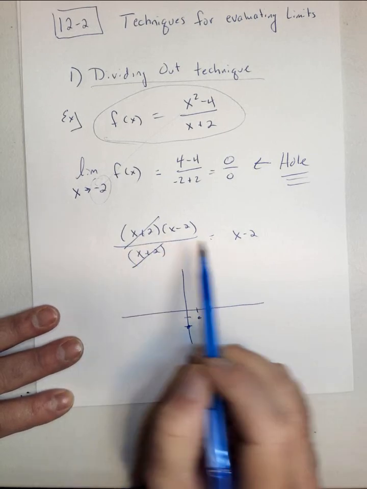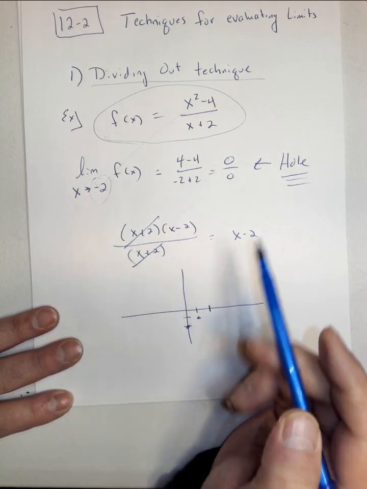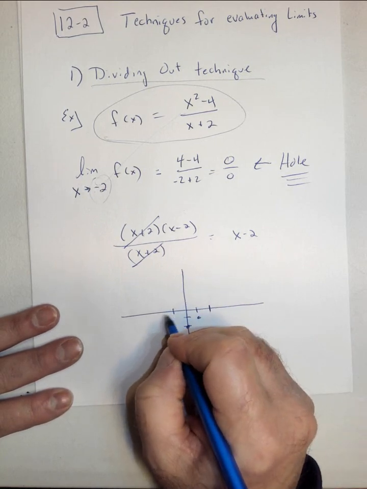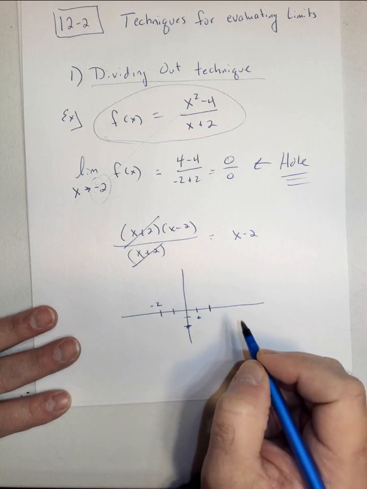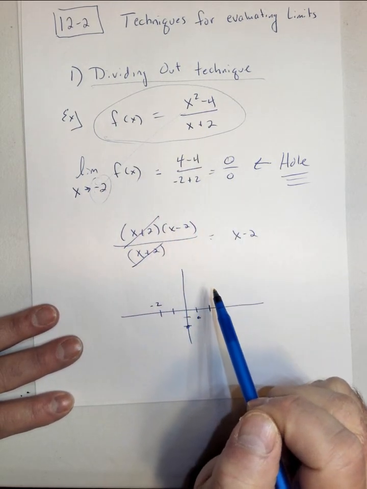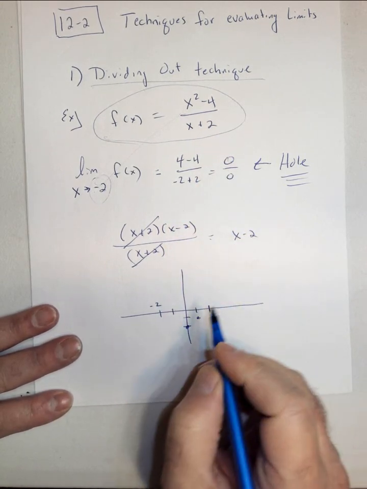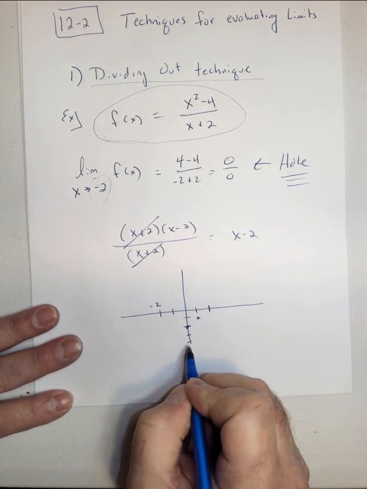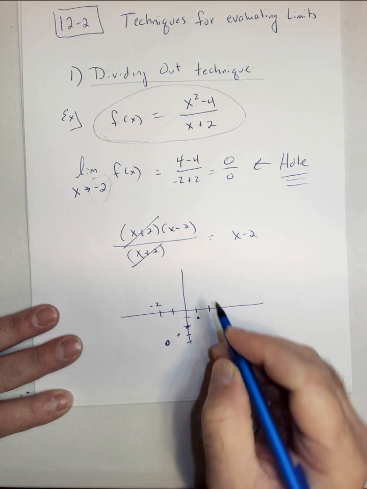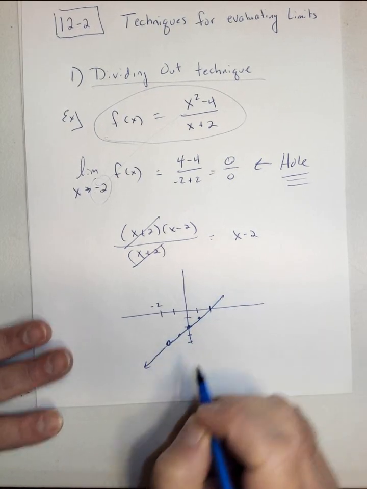And then what's happening at negative 2? If we plug negative 2 into the original function, we see the 0 over 0, but if we plug it into the reduced function, we get the actual value, and there's a hole there. So this is what we're seeing.